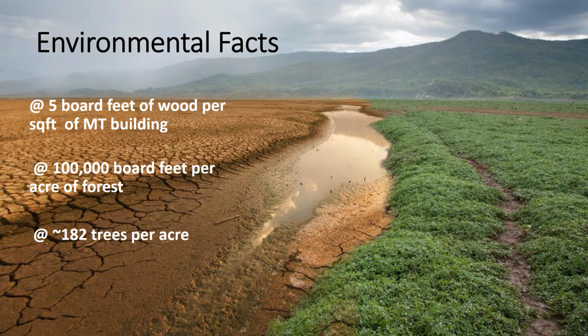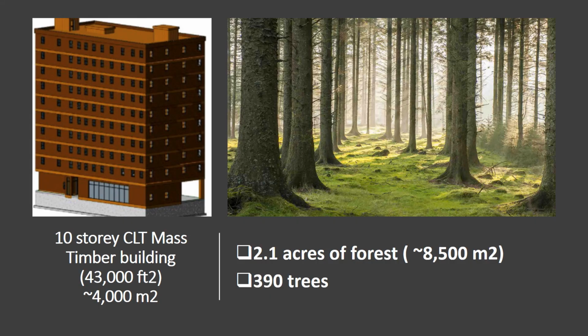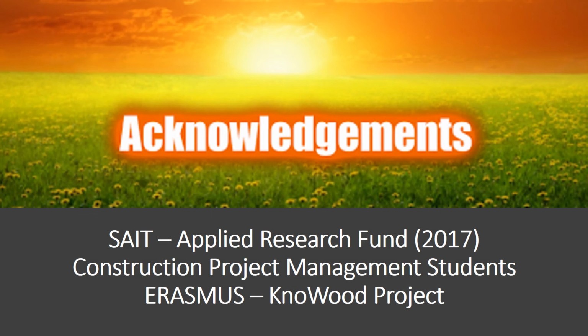And lastly, looking at some other environmental facts, if we were to build this 10-story out of CLT fully, for 43,000 square feet, about 4,000 square meters, we would need about 400 trees out of a 2.1 acre of wood forest.